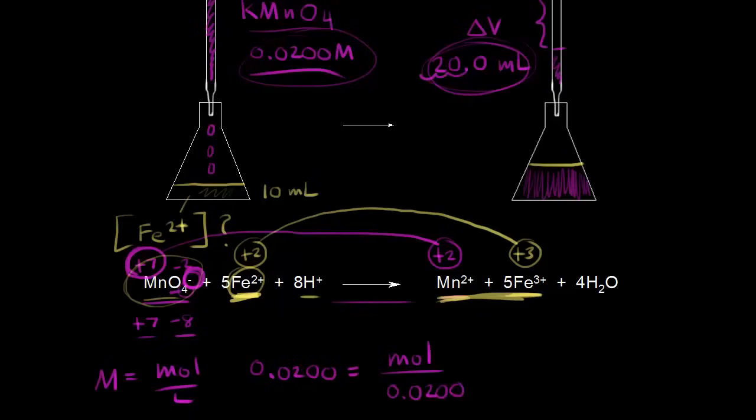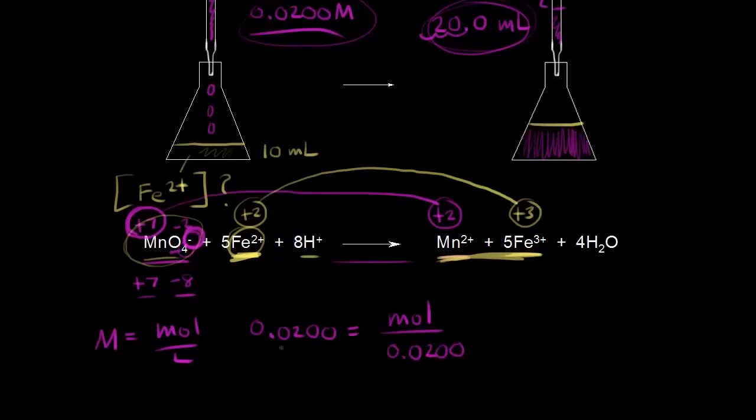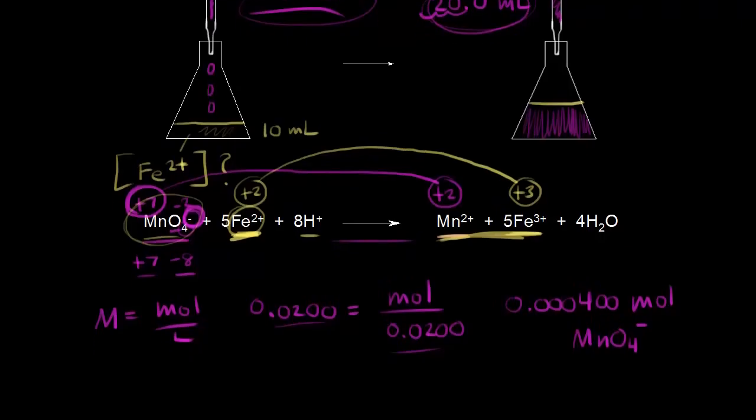So solve for moles. 0.02 times 0.02 is equal to 0.0004. And this is how many moles of permanganate were needed to completely react with all of the iron 2+ that we originally had in our solution. So it took 0.0004 moles of permanganate to completely react with our iron.